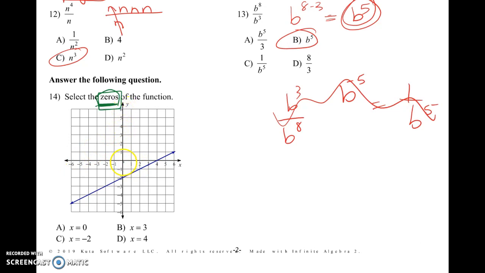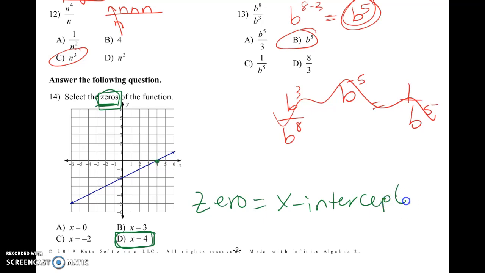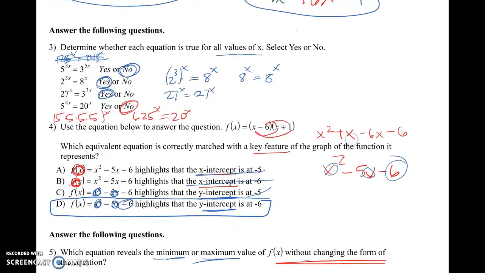Y equals 0 here, and specifically on this graph here. So what is my zero of this function? Well, it's when x equals 4. Okay, the zeros, another word for that, which you guys probably find more common, is the x-intercepts. Alright, happy studying, guys.